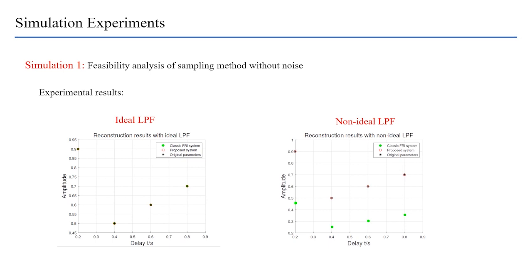The figure of ideal LPF proves that this method can recover unknown parameters, and it is obvious that with non-ideal LPF, the recovery results of the proposed system are closer to the original parameters than those of the classic FRI system.